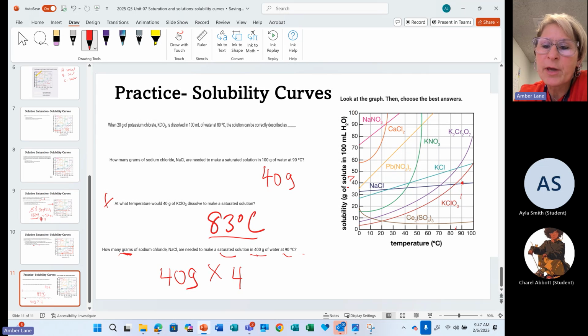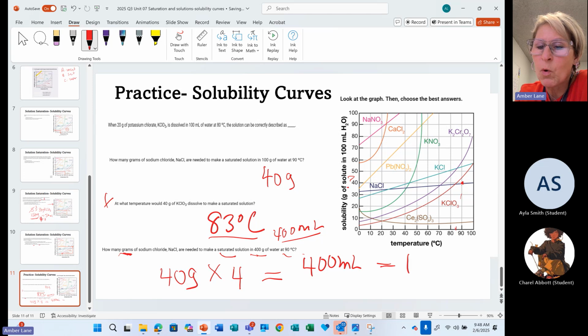So they're saying, okay, we have 400, and again, remember, 400 grams of water is the same as 400 milliliters. So if at 100 milliliters, 40 grams will dissolve, and we multiply that by 4, that tells me at 400 milliliters, we're going to get 160 grams to dissolve and make a saturated solution.